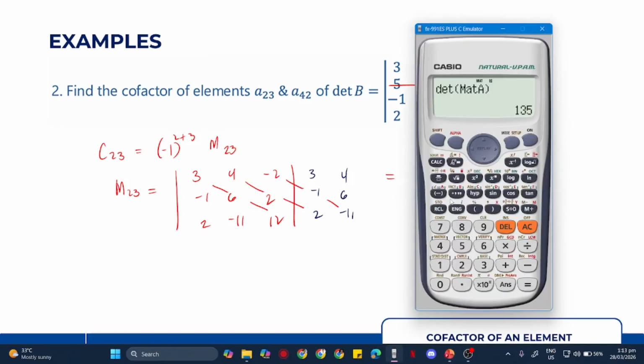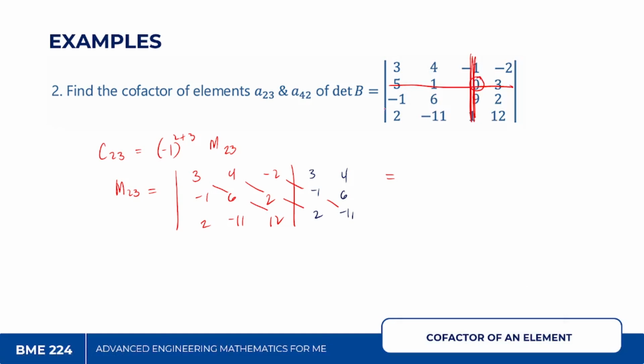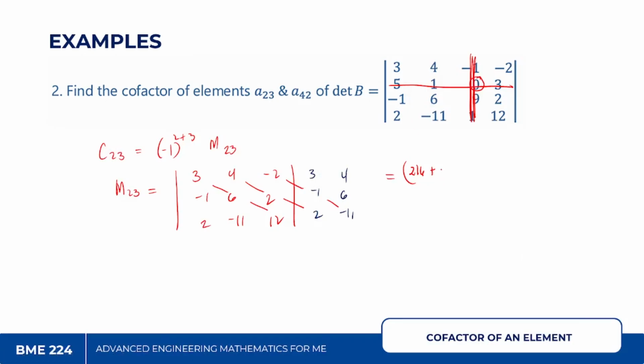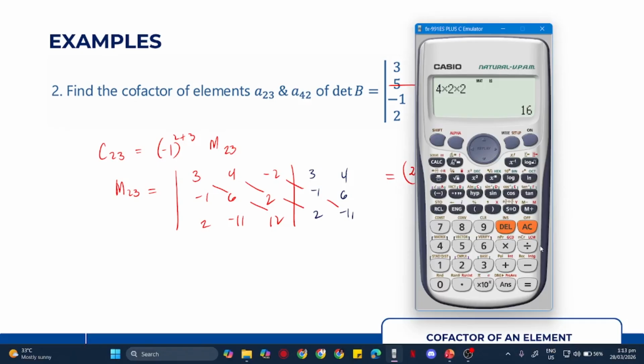Pwede lang din, diretso na calculator, pero for the sake of discussion, sige lang. 3 times 6 times 12, that is 216. Plus, ito naman, 4 times 2 times 2, which is equivalent to 16. Plus, ito, negative 2 times negative 1 times negative 11.